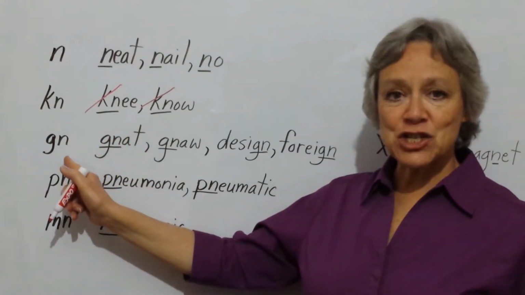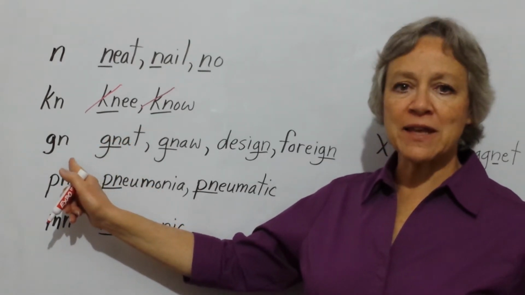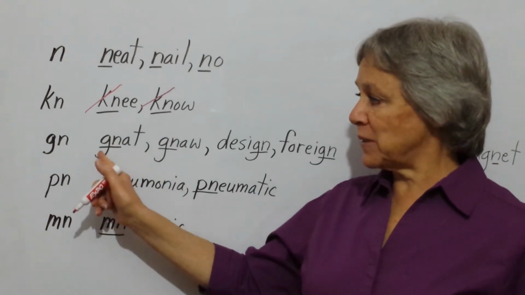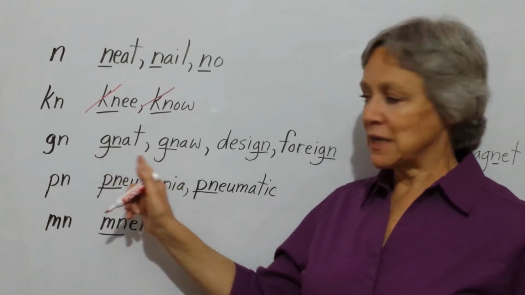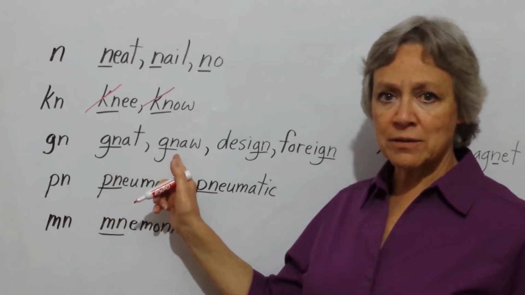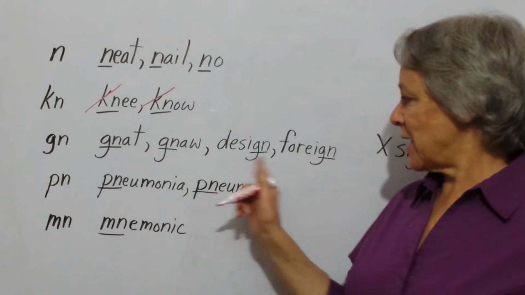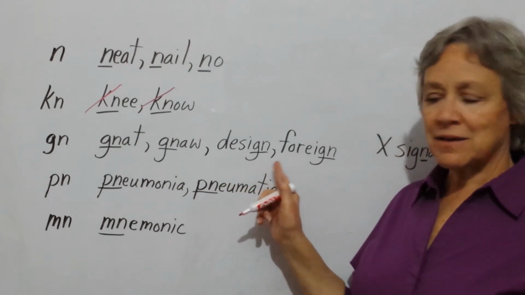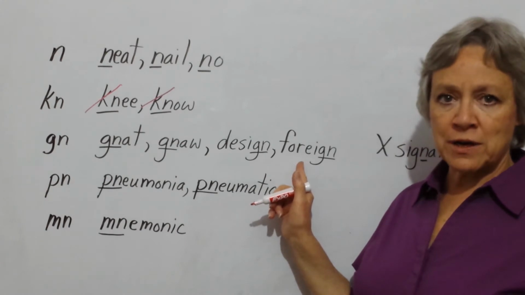The letters GN often make the N sound. They make this sound at the beginning of words, such as gnat and gnaw, and also at the end of many words. This is design and foreign.